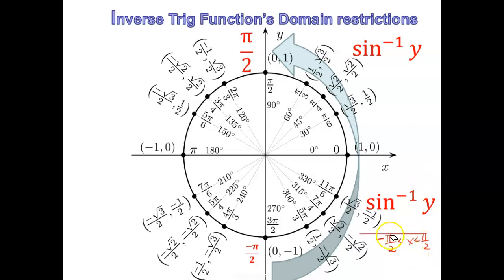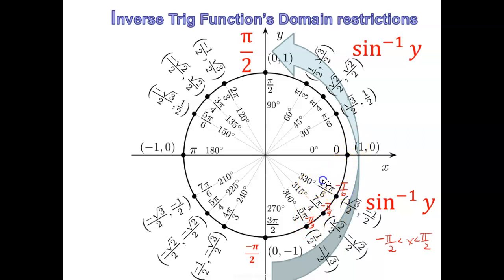And because we're going in that order, anything in this fourth quadrant, instead of being written as 5 pi over 3 or 7 pi over 4 or 11 pi over 6, is going to need to be written as its negative angle. So this would be negative pi over 3, this will be negative pi over 4, and this one's going to be negative pi over 6.